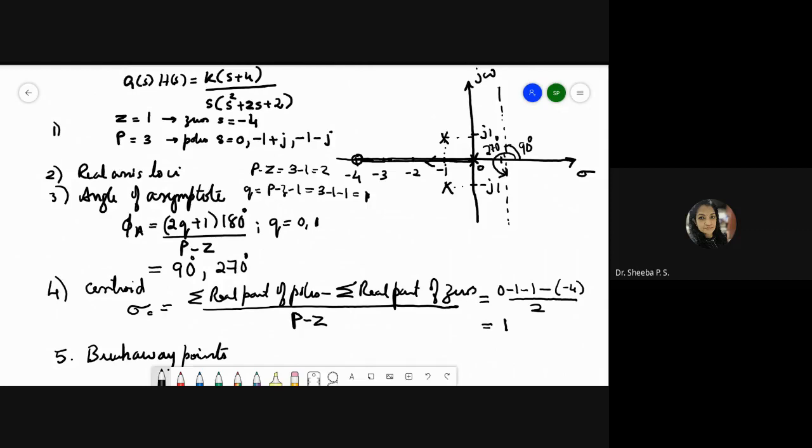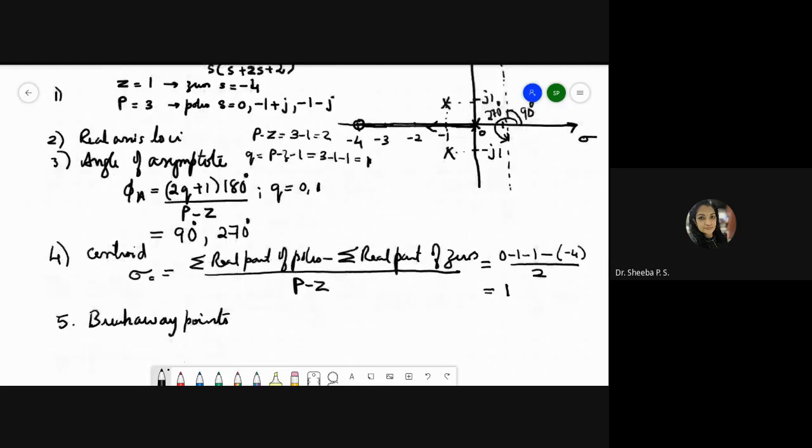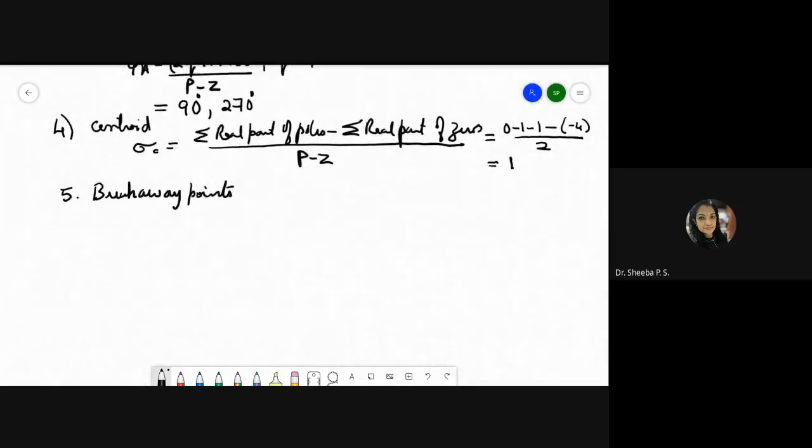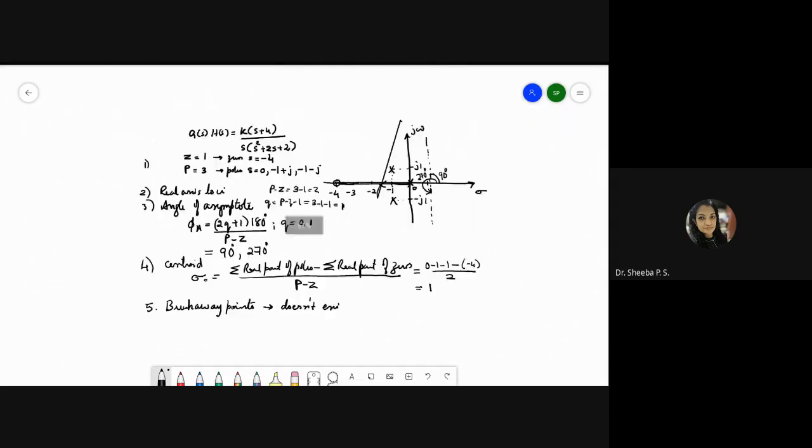So here you can see that there are no two poles placed next to next. So there is no breakaway point in this particular case. So we don't have to find the breakaway point. We can write it as doesn't exist. Okay.